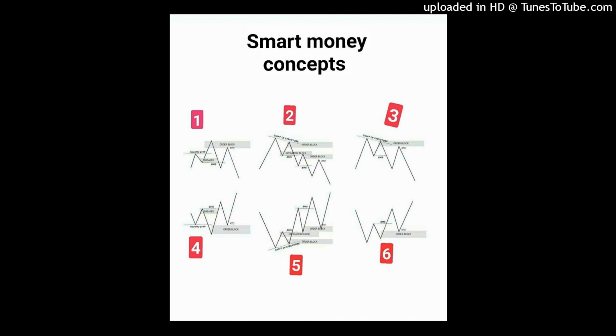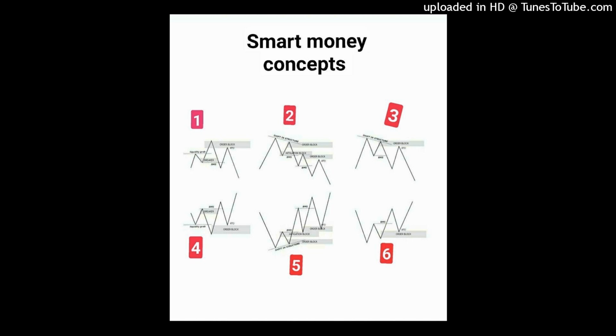Okay, so say for example we get an impulsive move from here. Actually, no, I want to get rid of this because it's going to confuse everyone.